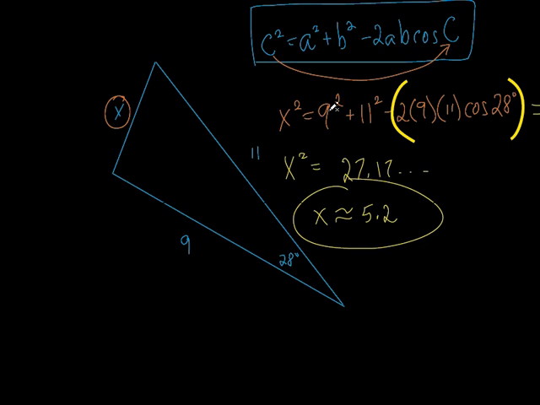Did you get it yet? No. Let me see the calculator. What's the number? TI-30XA? All right. 9 squared. Plus 11 squared. Minus. Left parenthesis.